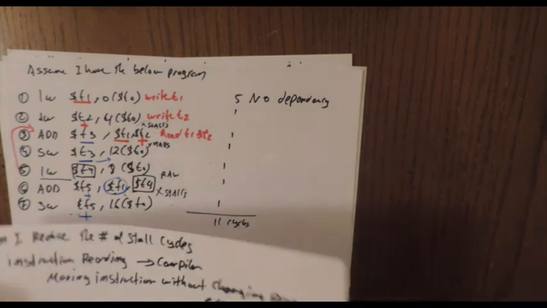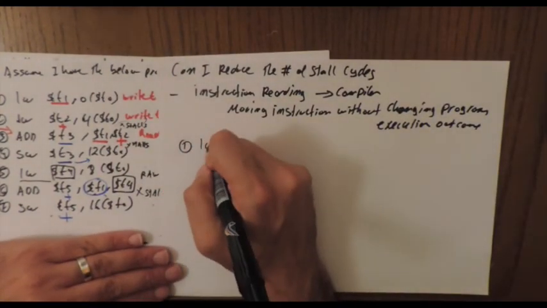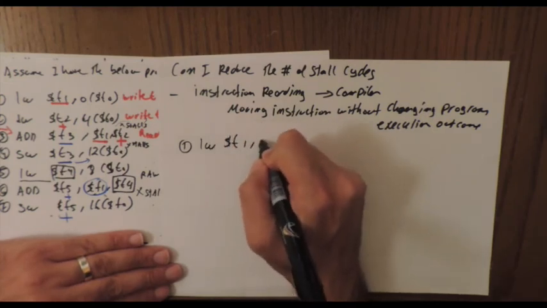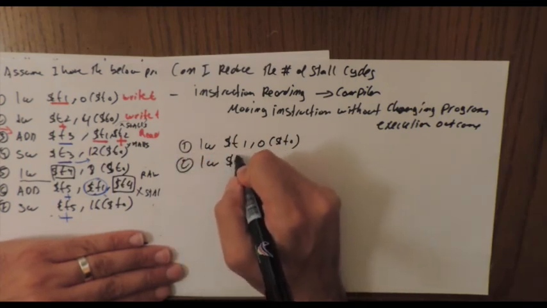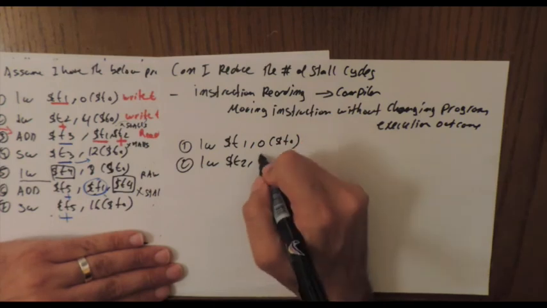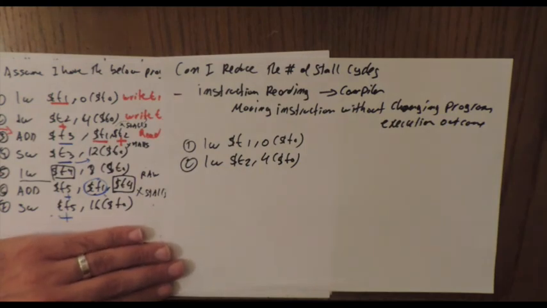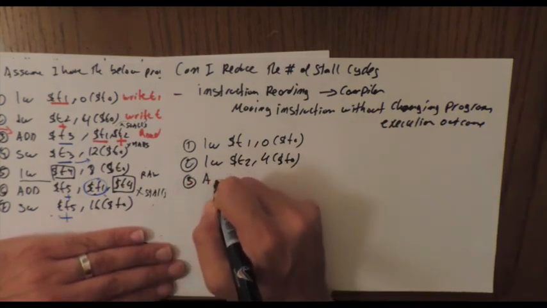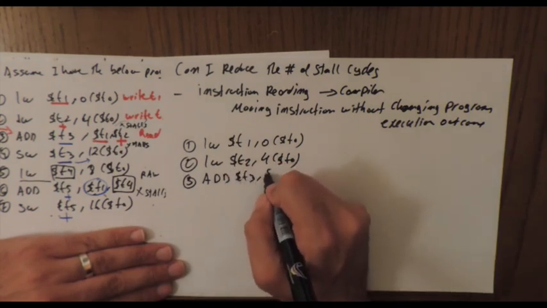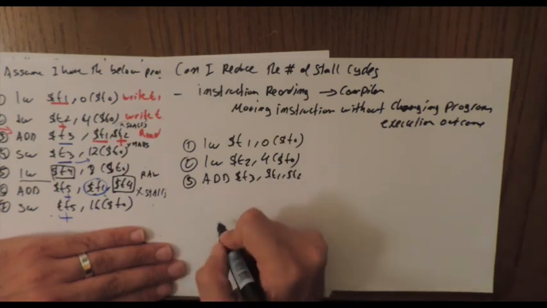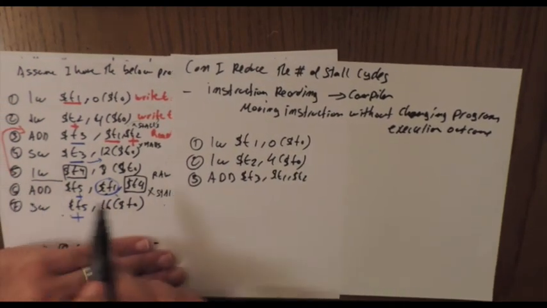So let's see what I'm talking about. First I'm going to write the program. This is the first instruction. As we said, the second instruction has nothing dependent, and moving it will not do any good. For 3, I will have the add instruction, and then I said I need to place the fifth instruction here.